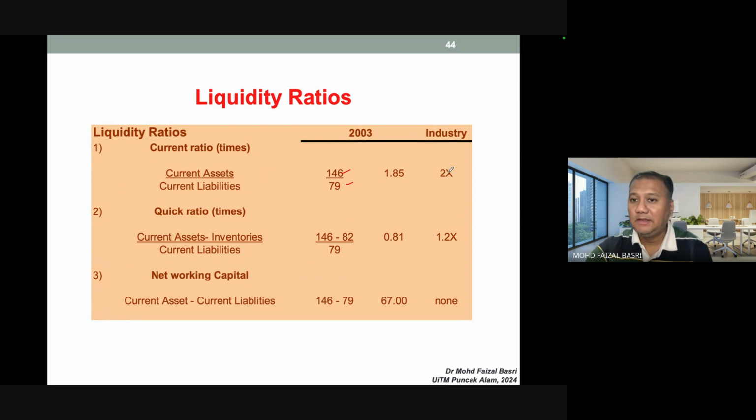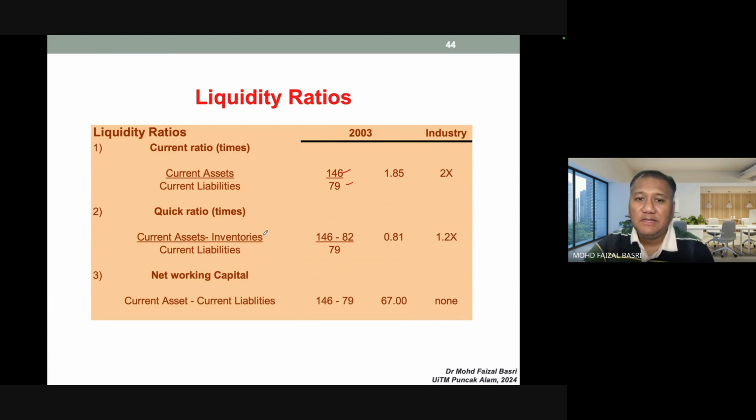Okay, ni industry average punya column lah. Okay, so dalam case ni 1.85 is lower than daripada 2 times kan. So we can say that this company has a lower ataupun has worse performance as compared to the industry average sebab ratio dia lagi rendah from the current ratio point of view. Okay, then you compare lah against the rest.